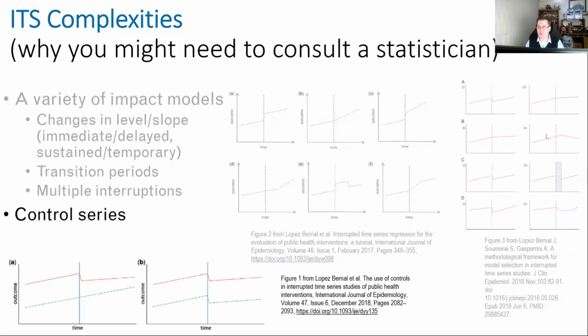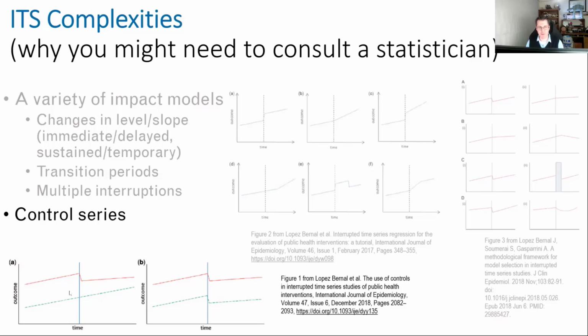And finally, in terms of complexities that we're going to talk about today, sometimes we have control series. Now, these are important because we assumed that the change that we saw in our data in our example was from the change in the paracetamol packet size laws. Now, if you had a control series in a different country or somewhere where you would expect what you're looking at to have no impact, then that can strengthen your opinion on whether this impact is legitimately from that interruption or not.